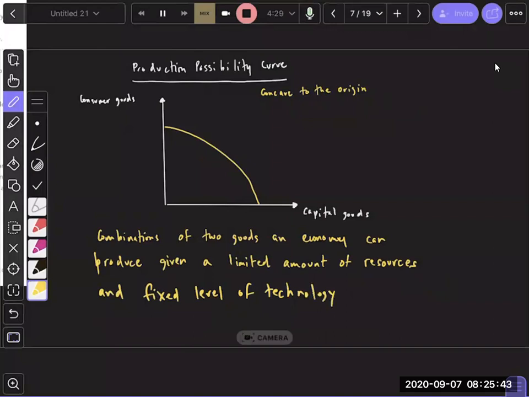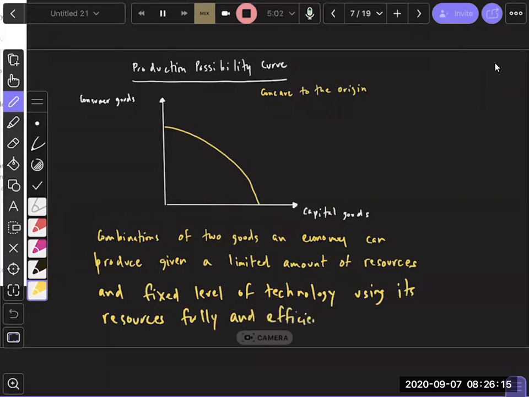If I tell you the level of technology and the limited amount of resources, how much can you produce, or what is the maximum you could produce? I should also write one more important thing that I missed: using its resources fully and efficiently.